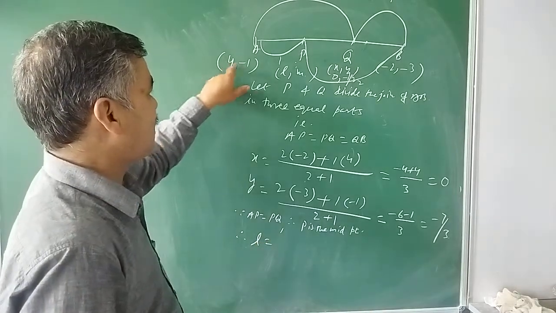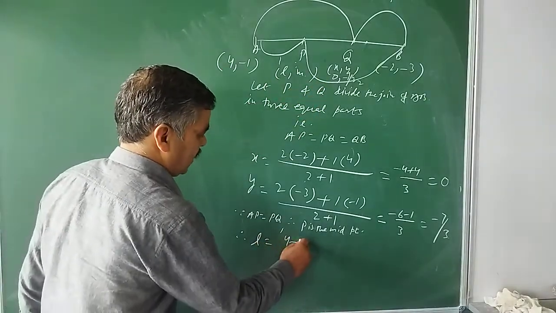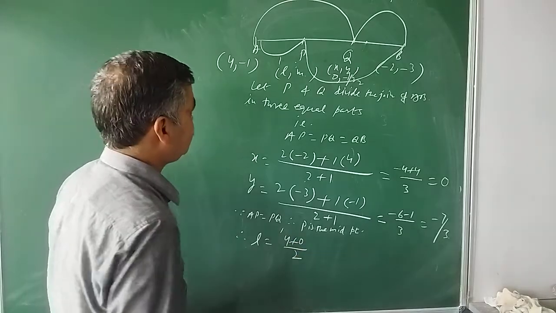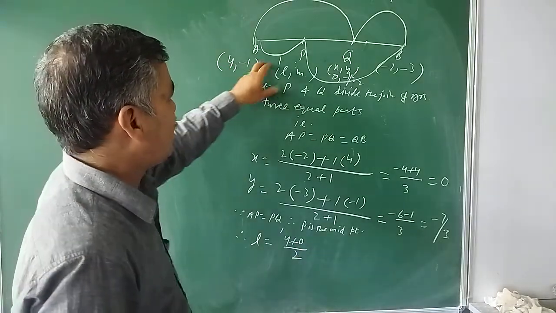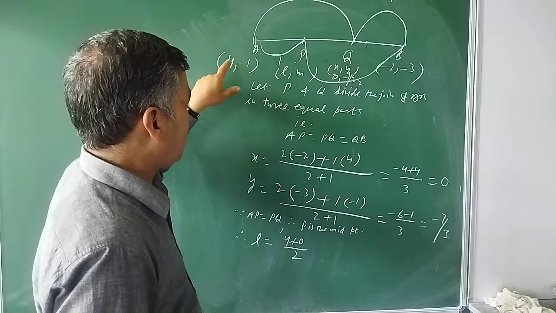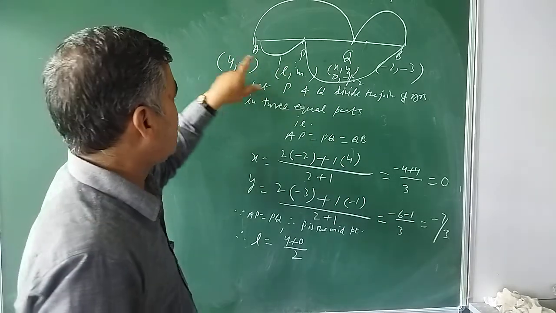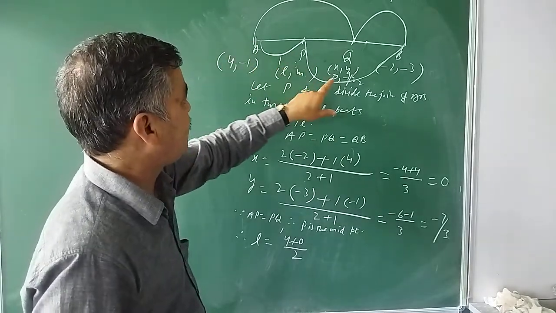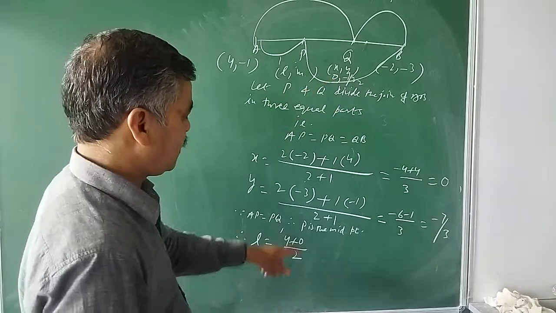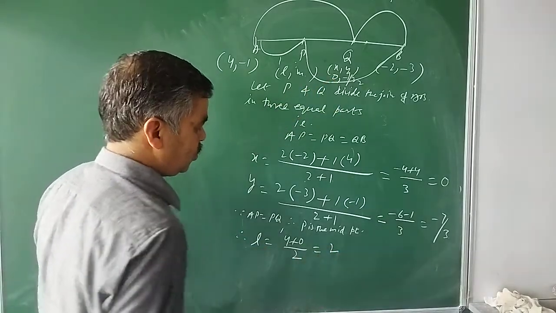Midpoint formula: (x1 plus x2) upon 2. Here it is x1, and this will be x2, that is 0. 4 plus 0 upon 2 will become equal to 2.